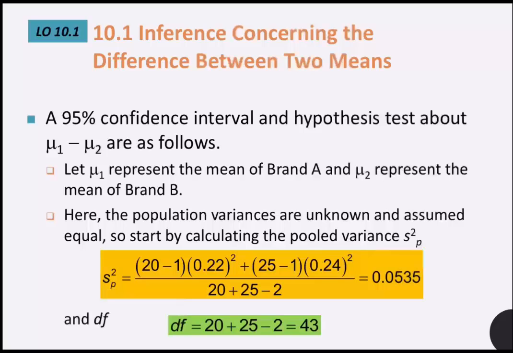So that gives us our degrees of freedom. So we end up with 43 degrees of freedom. We divide that into that numerator, and we should come up with 0.0535. And essentially what this gives us is the pooled estimate to go with our difference that we're going to compute.